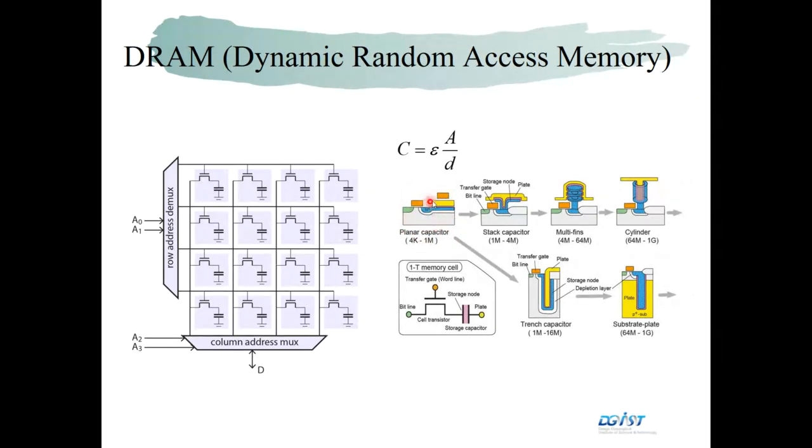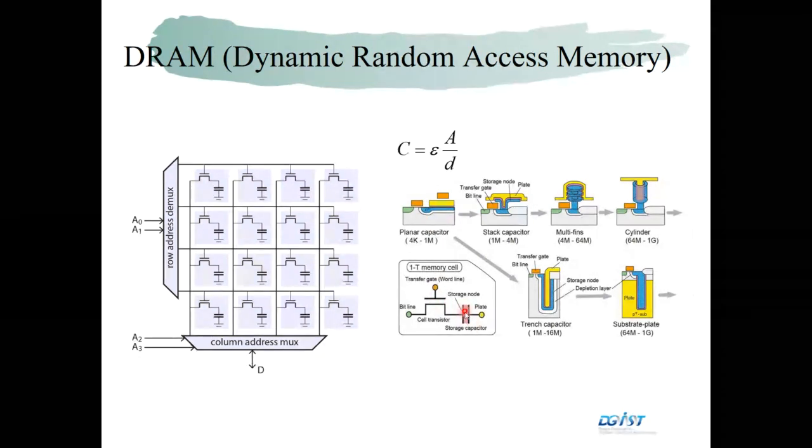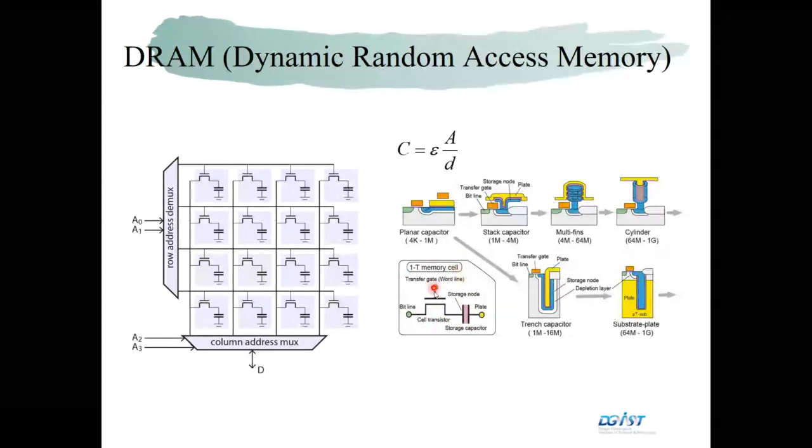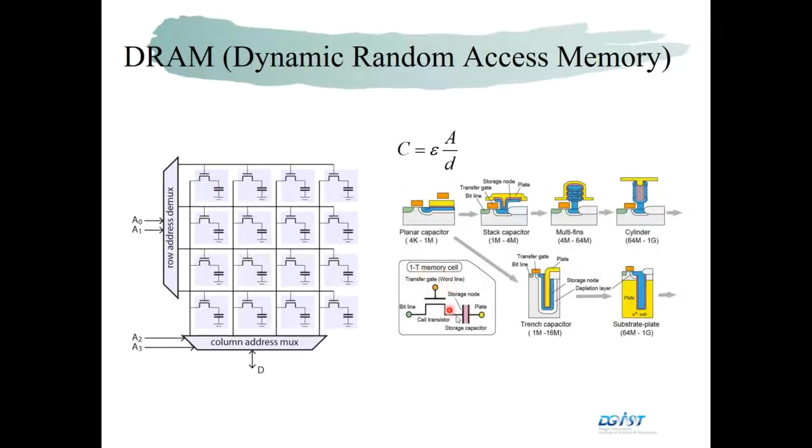In this planar capacitor, we have two electrodes, and as you see here again, there's a capacitor and a transistor. This 1T memory cell represents this part. And if you make this small, you can make a large memory. Here, this red one is called the capacitor.